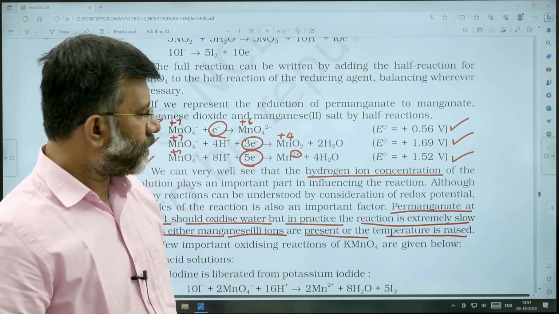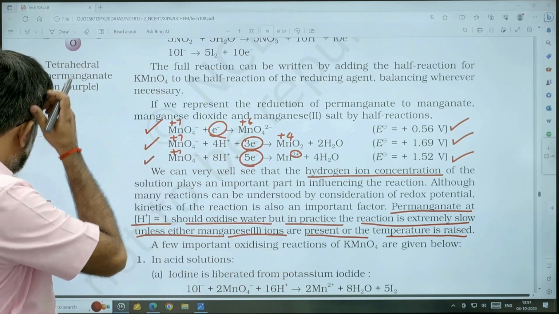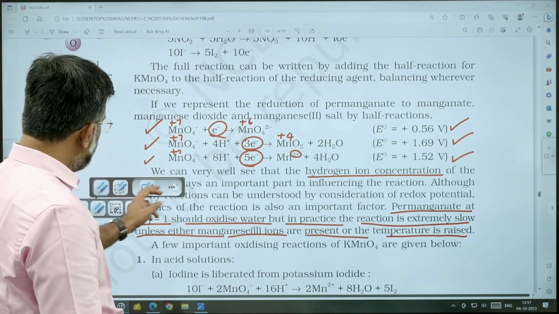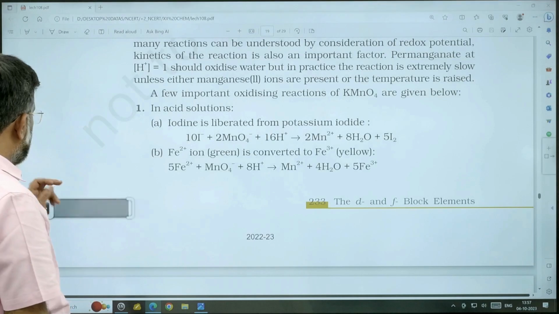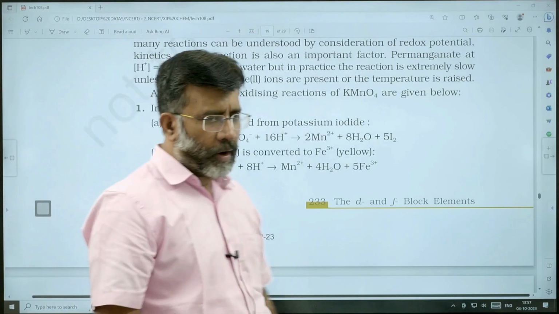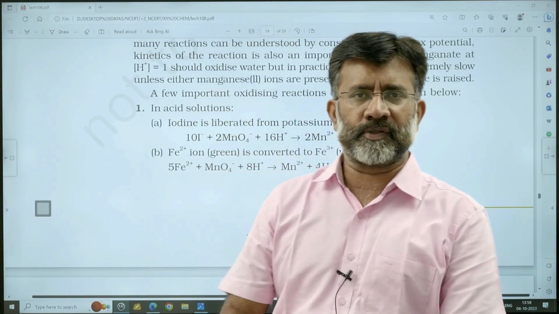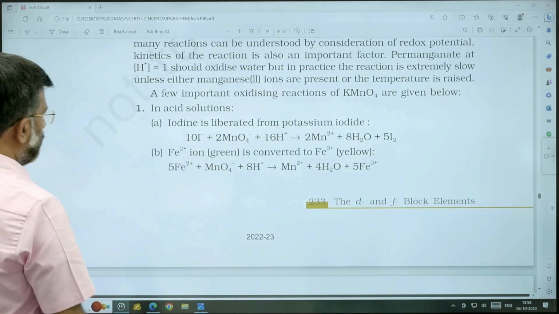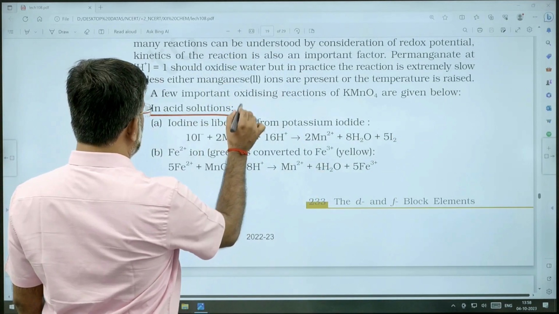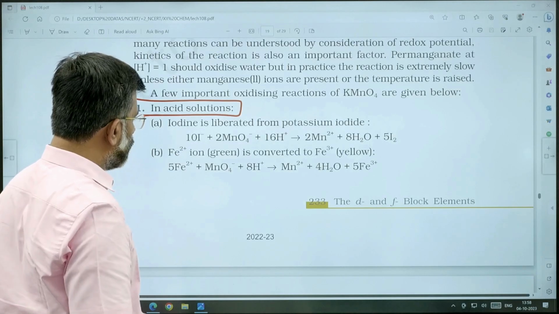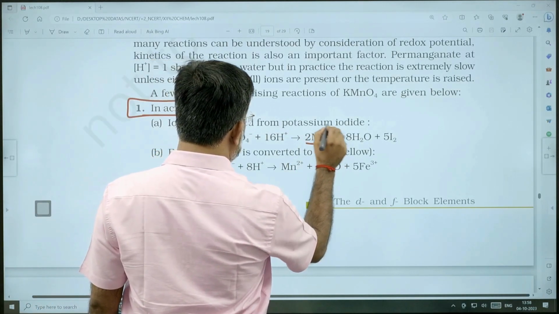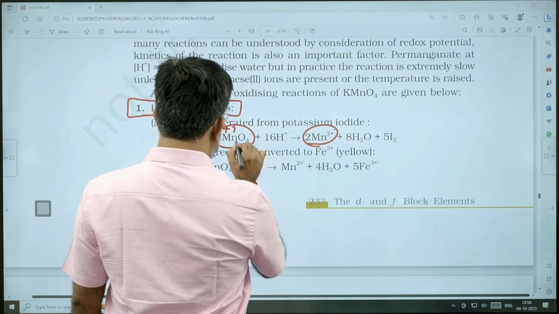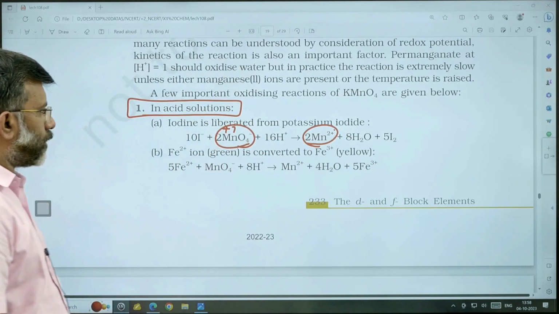Right? Now a discussion on a few examples for the oxidizing action of potassium permanganate. Number one, in acid solution, permanganate +7 will be reduced to Mn2 plus.